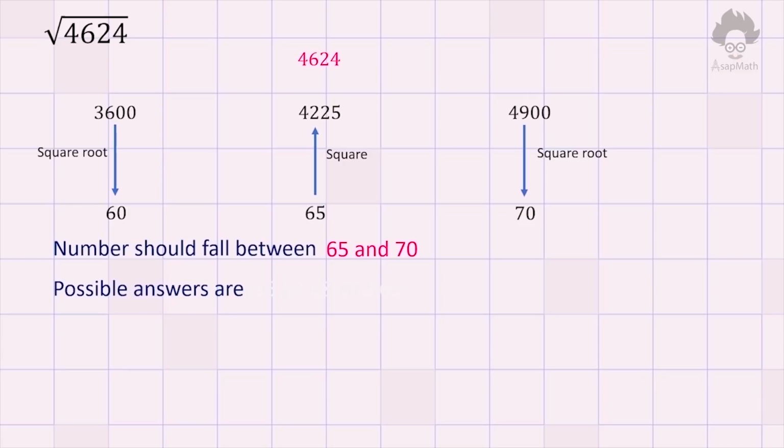Possible answers are 66, 67, 68 and 69. Reminder note 3. 2 square and 4 square will give 4 as the last digit. So the only possible answer here is 68.